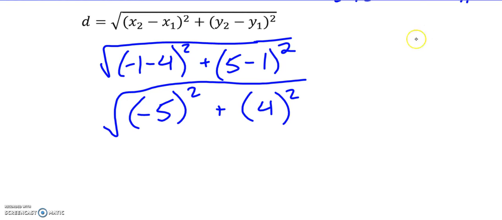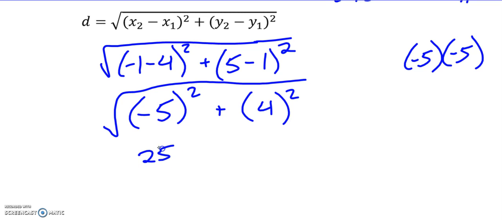Because remember, a negative to the second power means negative times a negative. So negative 5 to the second means negative 5 times negative 5, which is 25. Like I said, you cannot have a negative answer inside a square root. That's an imaginary number, but remember here we're not done simplifying yet, and the distance formula will always spit out positive numbers no matter what.